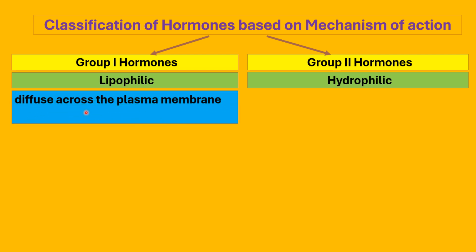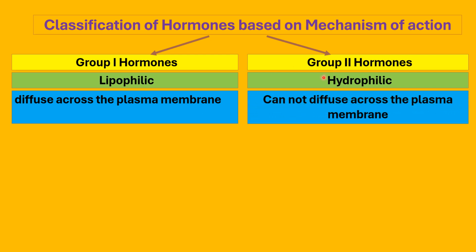What that signifies is, since group 1 hormones are lipophilic, they can diffuse across the plasma membrane of the target cells and exert their actions by entering inside the cell through their receptors. While group 2 hormones, being hydrophilic, cannot diffuse across the plasma membrane of their target cells.